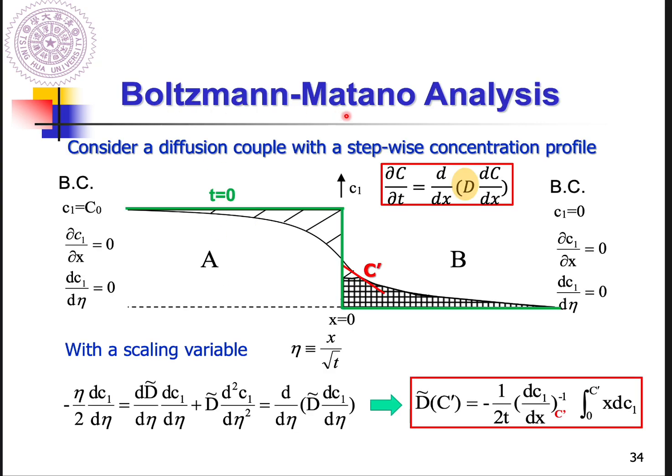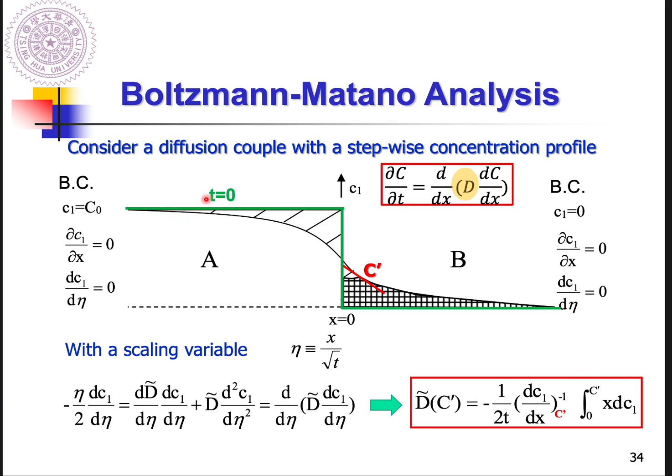And what's the Boltzmann-Matano analysis? First of all, we need to consider a diffusion couple, A bonded with B. If you plot the concentration profile of A, you will get this step profile in green.